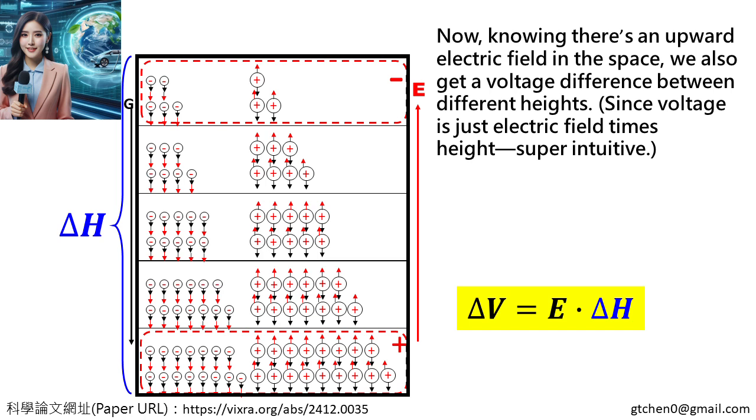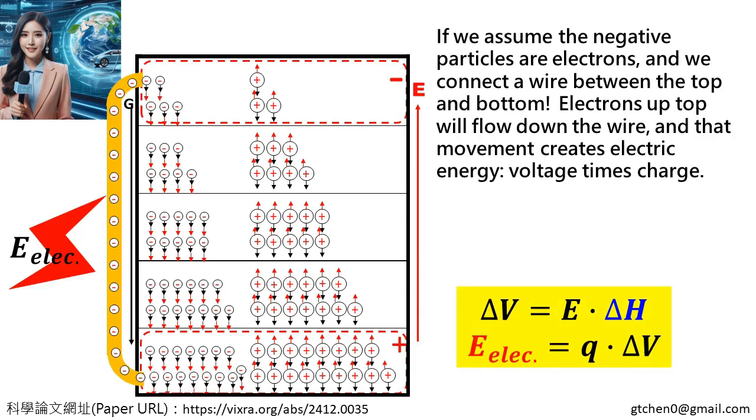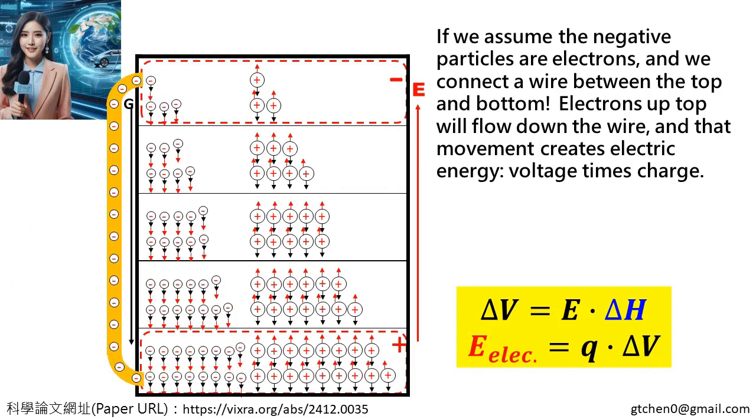Now, knowing there's an upward electric field in the space, we also get a voltage difference between different heights. Since voltage is just electric field times height, super intuitive. If we assume the negative particles are electrons, and we connect a wire between the top and bottom, electrons up top will flow down the wire, and that movement creates electric energy, voltage times charge.